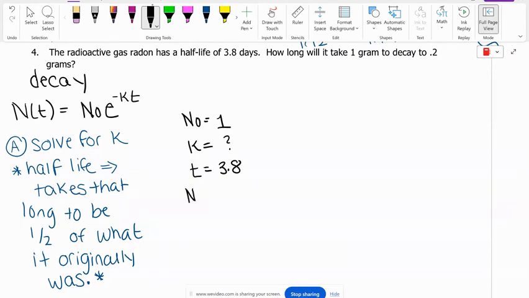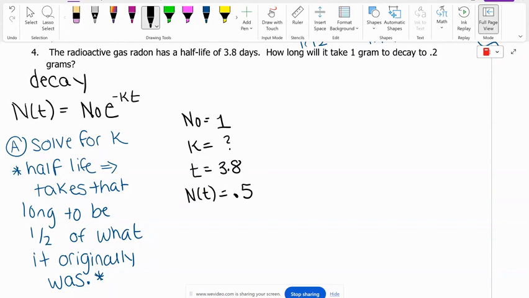And then our end amount, even though it didn't specifically say it, it says it has a half-life. So after that 3.8 days, aren't we going to be half the amount of whatever we originally had? So if I originally had 1, what is my end amount going to be after that? 0.5 or a half, exactly. Probably easier to do 0.5 in this scenario since we're using a calculator.